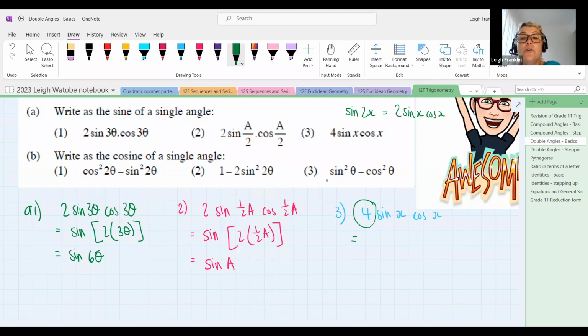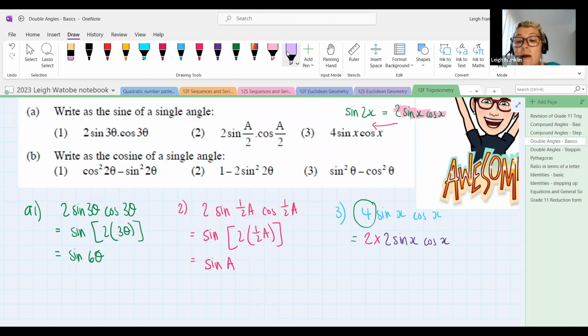So what we want is to try and create 2 sine x cos x so that we can do the reverse of this expansion. That's why we split up the 4 into 2 times 2. So 4 is 2 times 2, and now I'm putting my sine x cos x at the back.